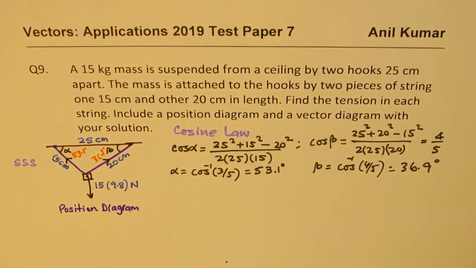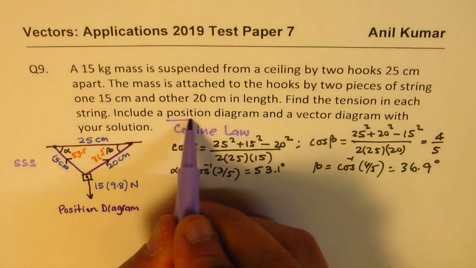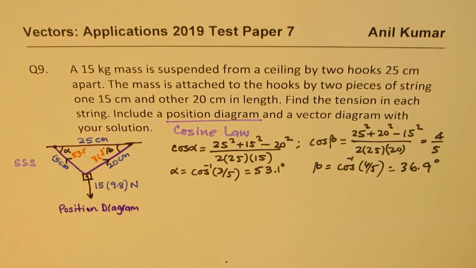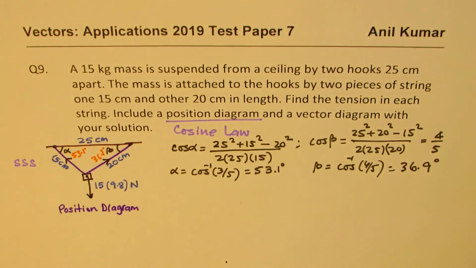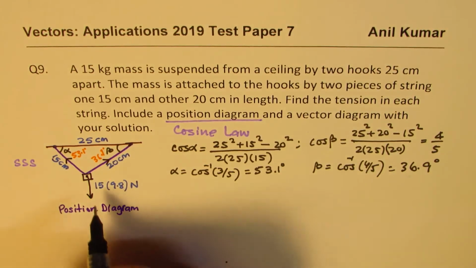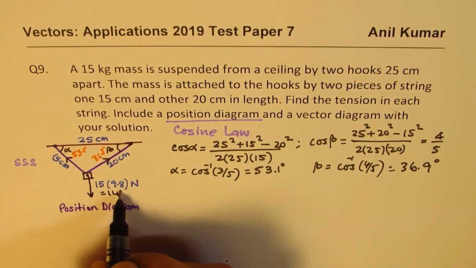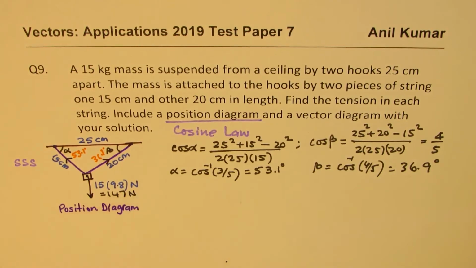So now our position diagram is complete. Correct? So first part we have done, and by finding these things, we actually got our position diagram. Now let's work on the vector diagram. So how do you get the vector diagram? Let me also multiply 15 times 9.8, which gives us 147. Okay. So this value is 147 newtons.